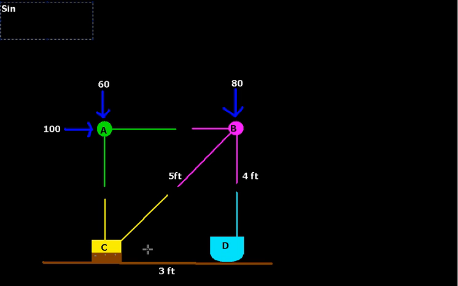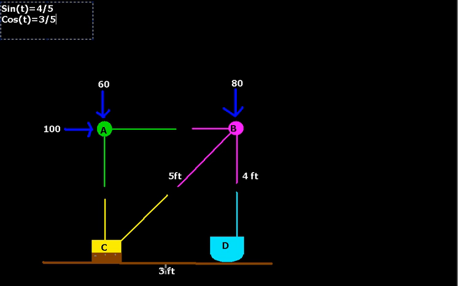So sine of theta is equal to what? It's the opposite over the hypotenuse, right? SOHCAHTOA. Hopefully you've heard of that. If not, let me know and I'll tell you what it is. SOHCAHTOA, opposite over hypotenuse, that's 4/5. And cosine of that theta is adjacent over hypotenuse, which is 3/5.